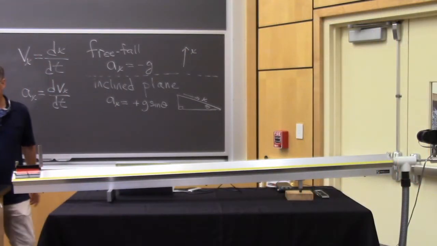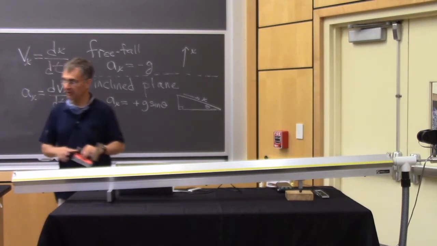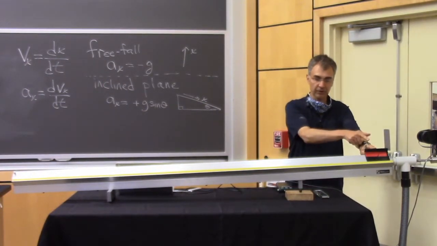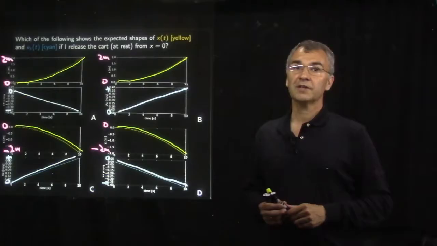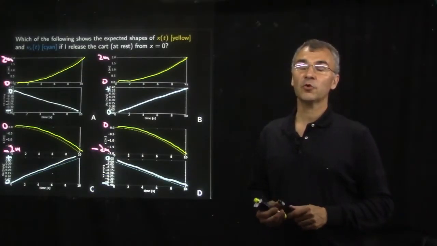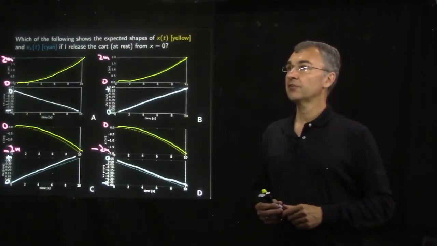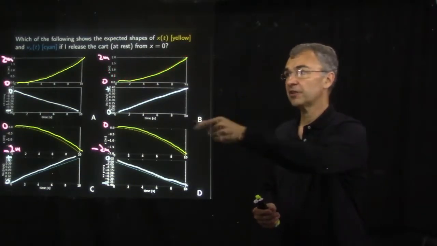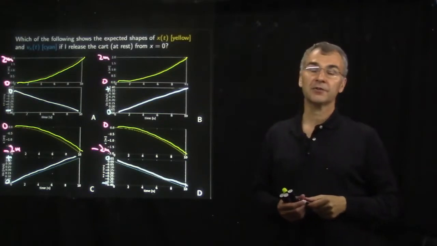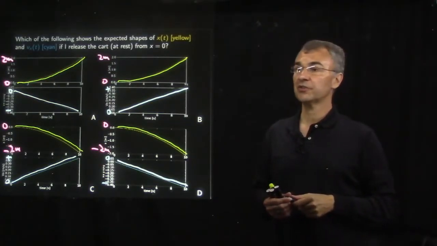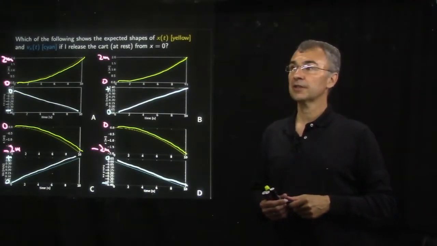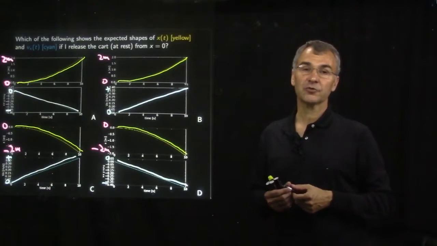Now, if I release the cart from rest, starting from x equals 0, and x increases this way. Okay, let's look at these 4 graphs and see which one you think shows the expected shape of x of t, which is in yellow, and of v sub x of t, which is in light blue, if I release the cart at rest from x equals 0.